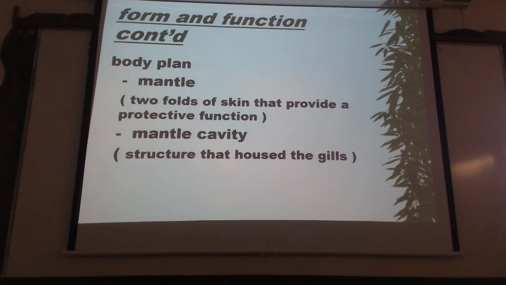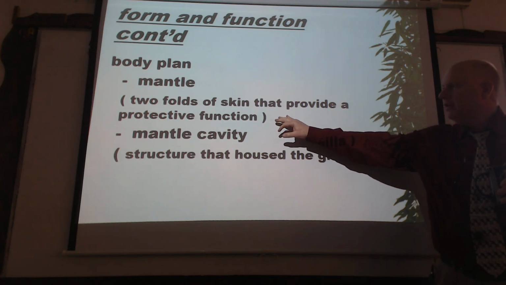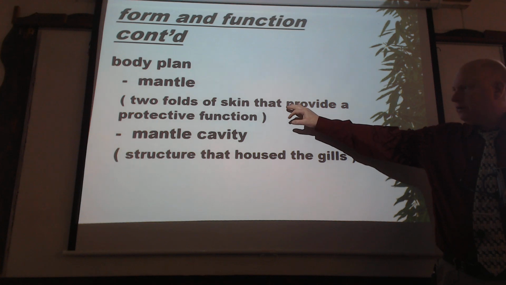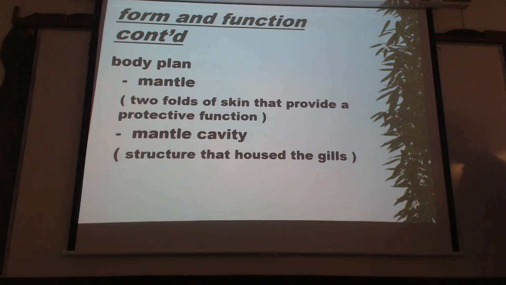So as you see here, these folds of skin provide a protective function, okay? Just like that visceral mass, and this is just where all that is located. It's a cavity inside the mantle. And cavity just means open area.